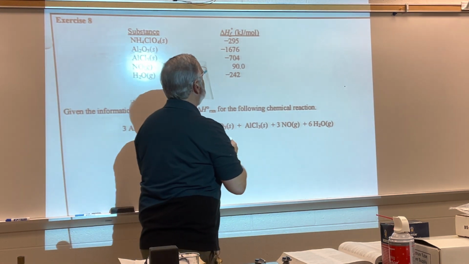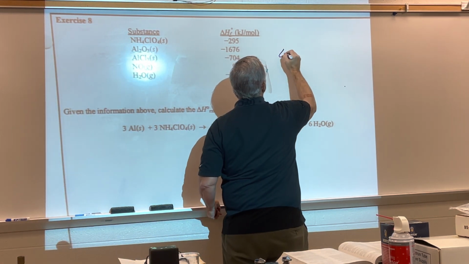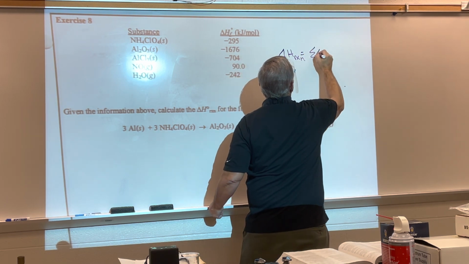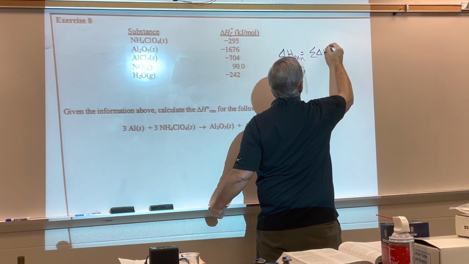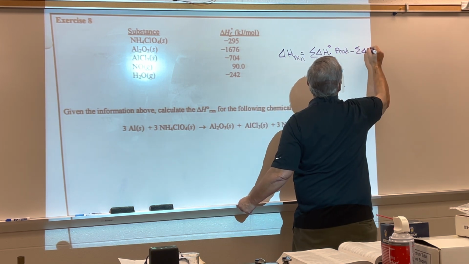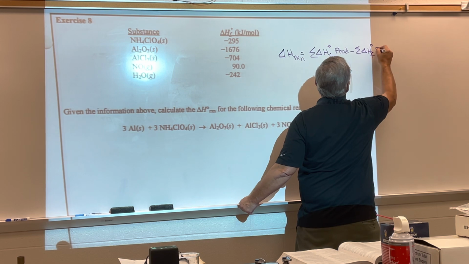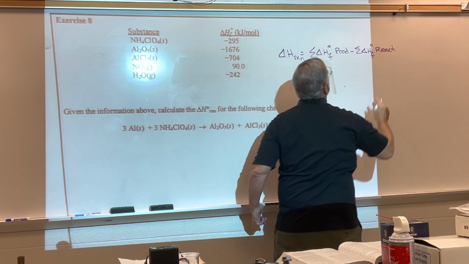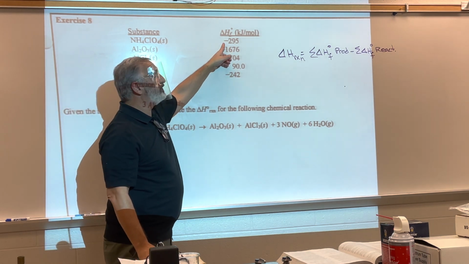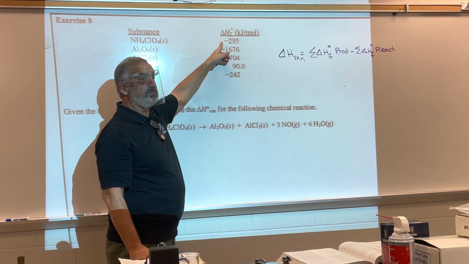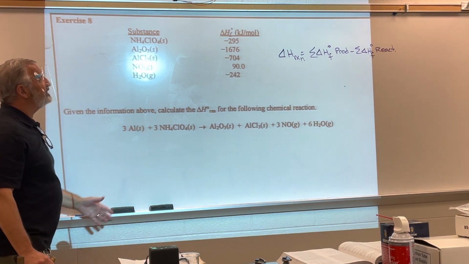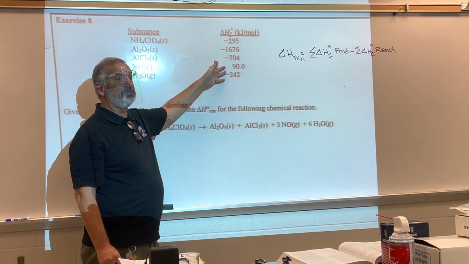So we know here, the Big Mama equation, delta H of a reaction is equal to the sum of your heat of formations of products minus the sum of your heat of formation of reactants. Okay? This table is your values for heat of formation. These values will always be given to you.